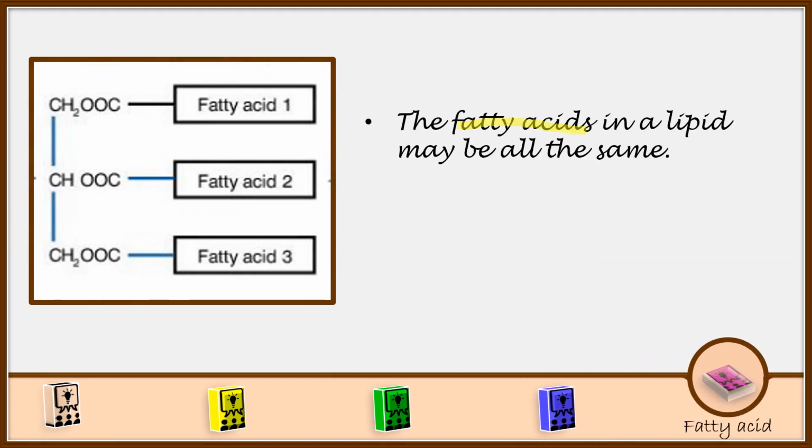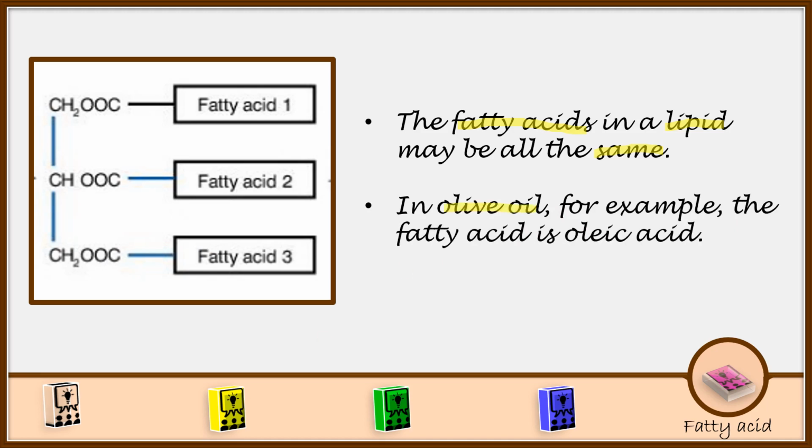The fatty acids in a lipid may be all the same. So here we have our lipid, and fatty acid 1, fatty acid 2, and fatty acid 3 may be the same fatty acid.